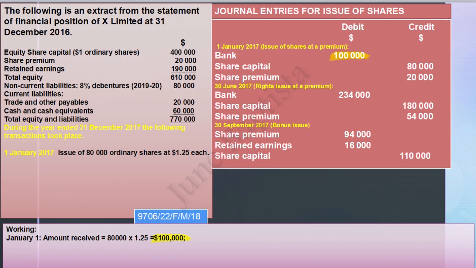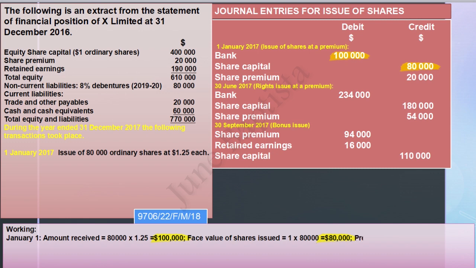Going back to the working, the face value of the shares issued would be $1 times 80,000 to give us $80,000. Therefore, in the journal entry, share capital will be credited $80,000. Going back to the working, on the 1st of Jan, the premium was 25 cents per share.